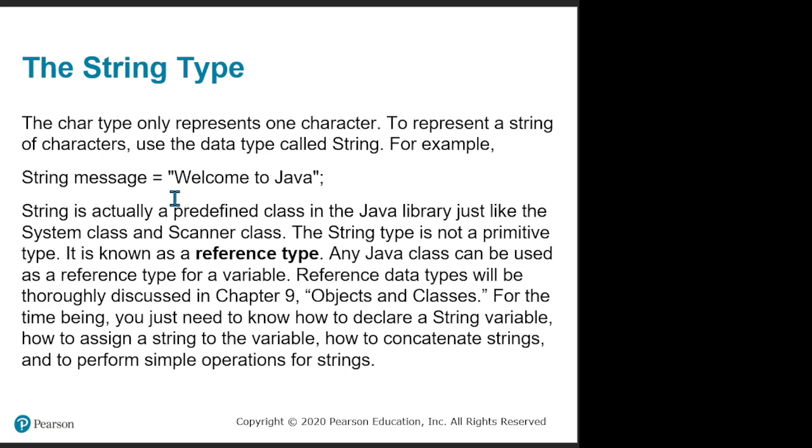Underneath the hood, a string is a very special type of memory construction called an array. An array is a collection of memory that stores the same type of variable, multiple instances of it. So inside of the memory, this stores 1, 2, 3, 4, 5, 6, 7, 8, 9, 10, 11, 12, 13, 14, 15 characters for the Welcome to Java message.